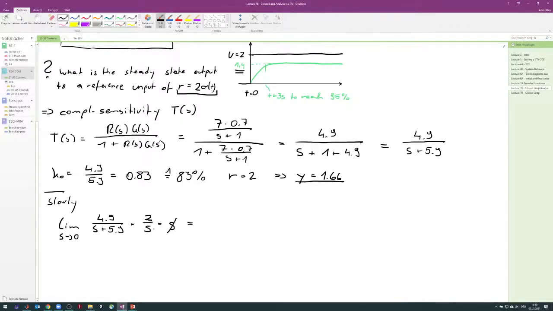We cancel here and let S go to 0. We have 4.9 times 2 over 5.9, and this is going to be 1.66. You can take the shortcut because the step and the S in the limit value always cancel. But be careful, if it's not a step, it does not cancel, and this is the source of error.